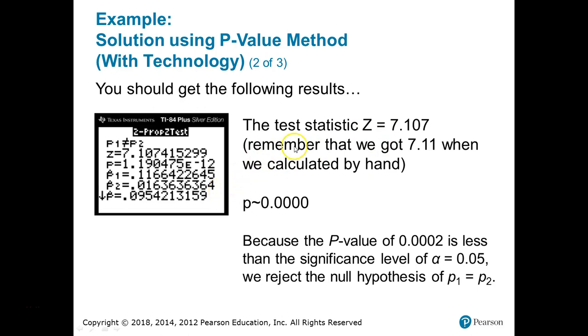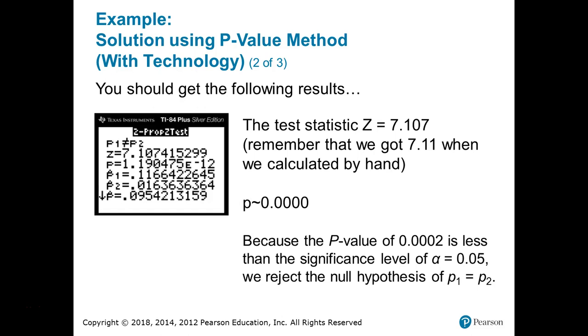So we get a test statistic of 7.107. Remember, we got 7.11 when we calculated by hand, so showing that it's the same value. Our p-value is 1.190475 e to the negative 12, which you should know is times 10 to the negative 12, meaning it's an extremely small number, essentially 0.